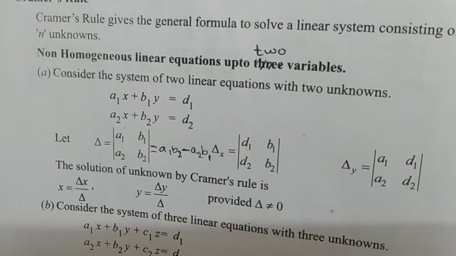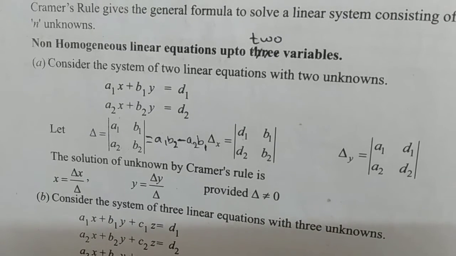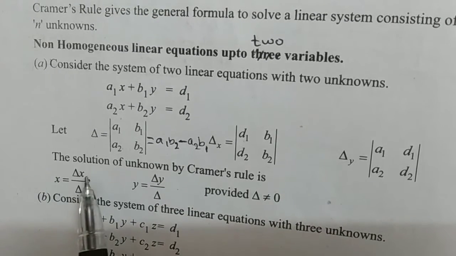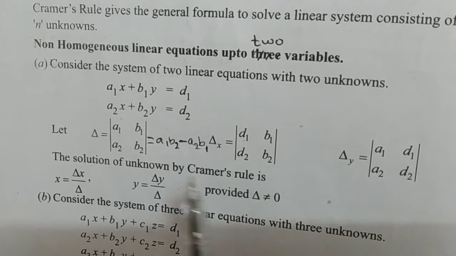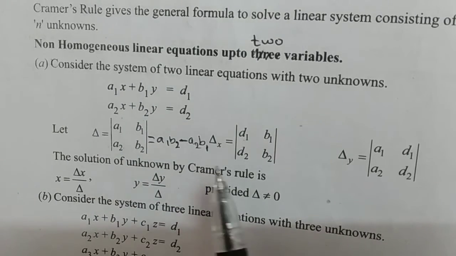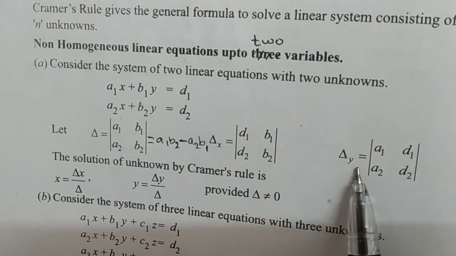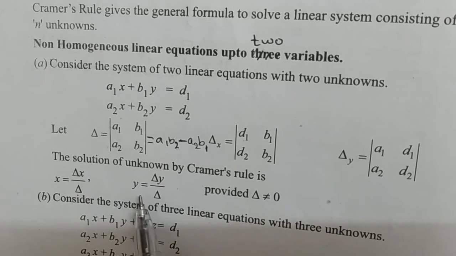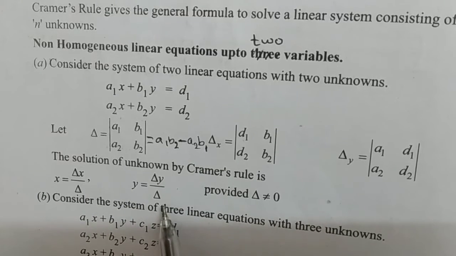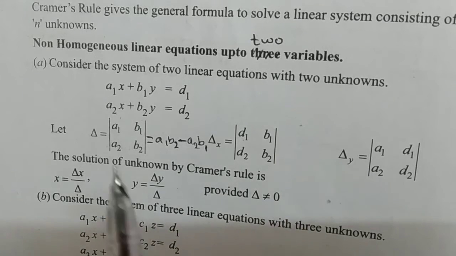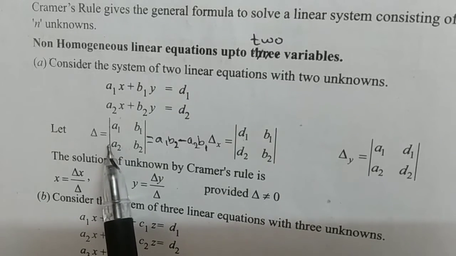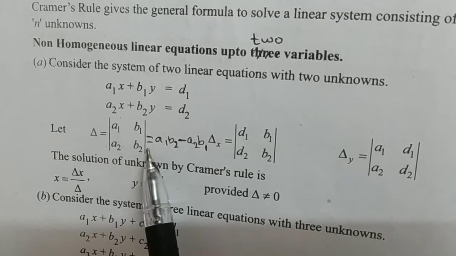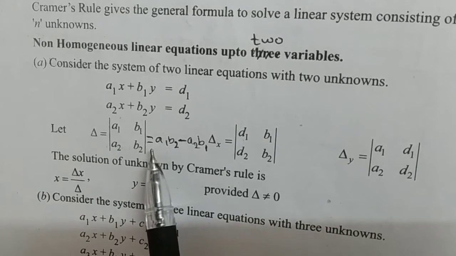So the solution is x equal to delta x divided by delta. We can find the values of delta, delta x and delta y. So x equals delta x divided by delta, and y equals delta y divided by delta, provided delta is not equal to 0.